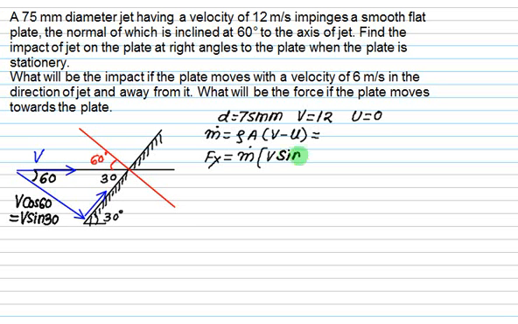Now we'll prefer v sin 30 minus u. U is always 0 for the stationary. Only for second case u equals to what, 6 meter per second.